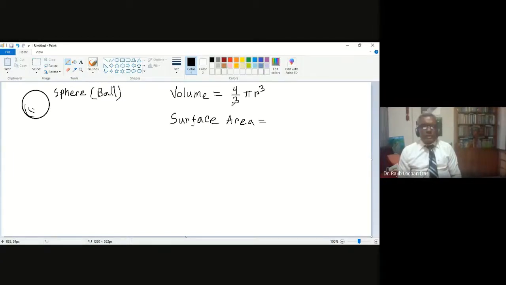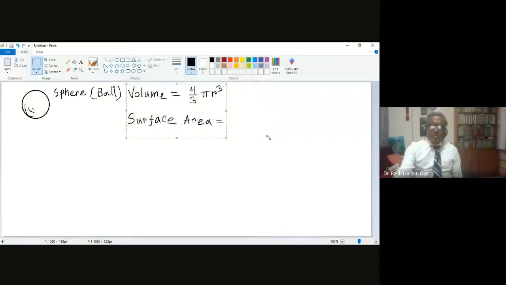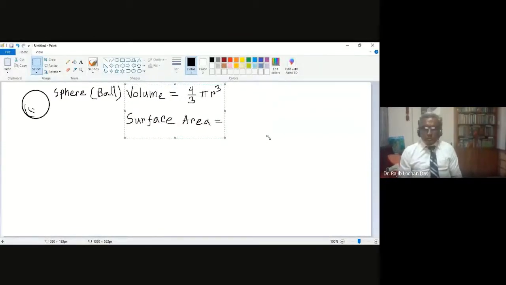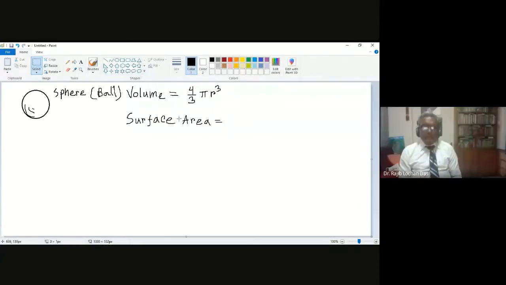And now tell me, what is surface area? Who can tell me what is the surface area? So the outer portion of the ball. Right. Yes, correct.